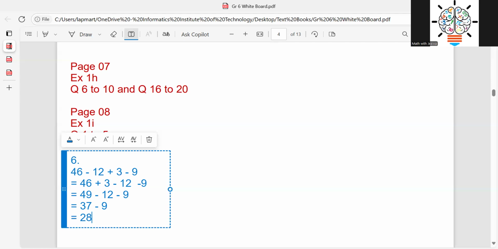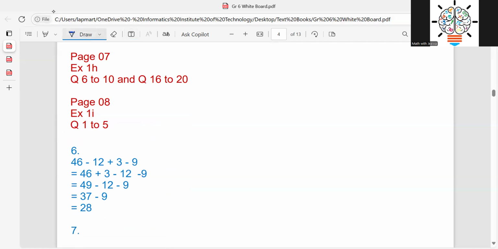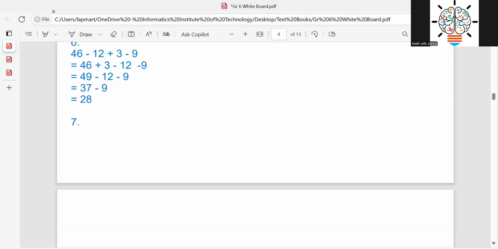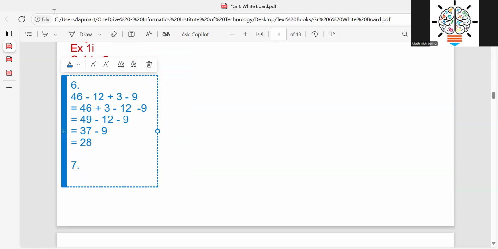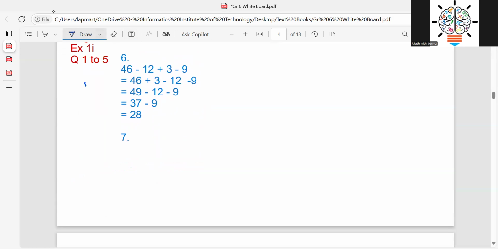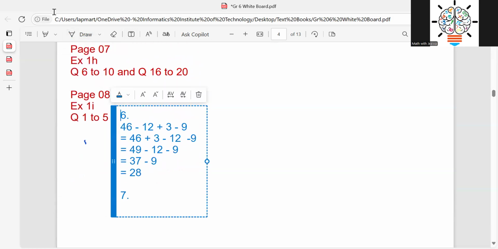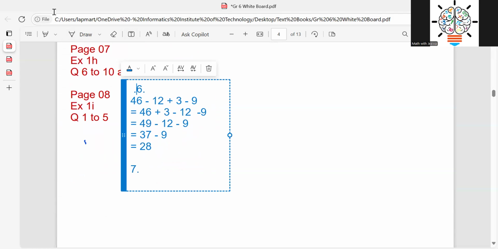Right? So then we will move to the next question. So I'll move to question number 7. Right? And we'll see whether we have enough space. I don't think we have enough space. So what I can do, I'll move like this so we can save space.